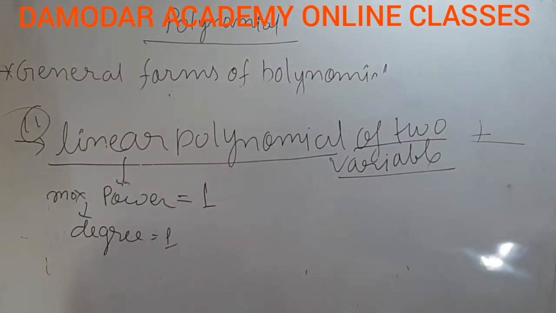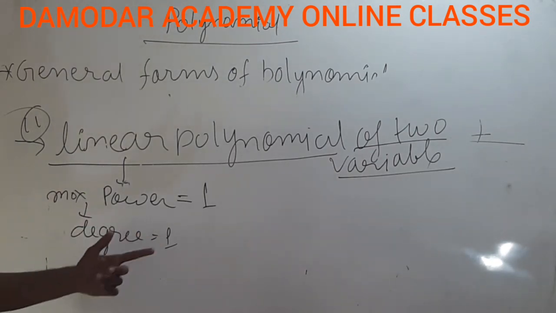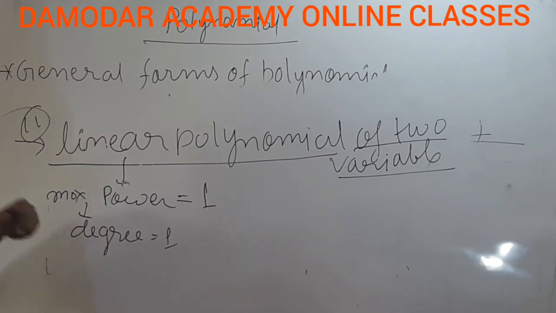That means we will increase the number of variables, but its degree or maximum power of the variable is always 1.